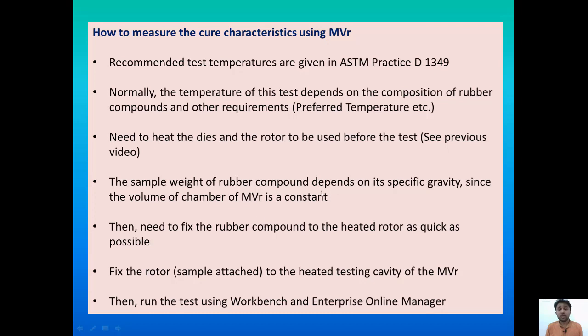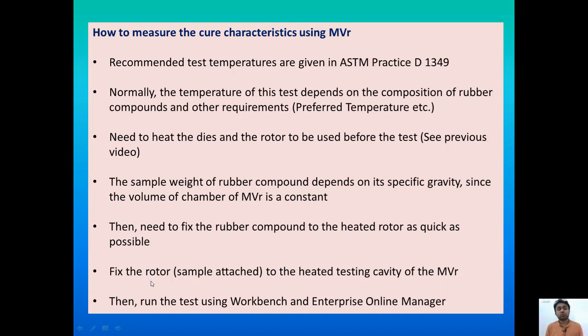If you know these two, you can calculate the weight to take from the rubber compound to make the sample. We need to fix it very quickly, because the temperature can drop from the rotor, since it is heated up to the required temperature.